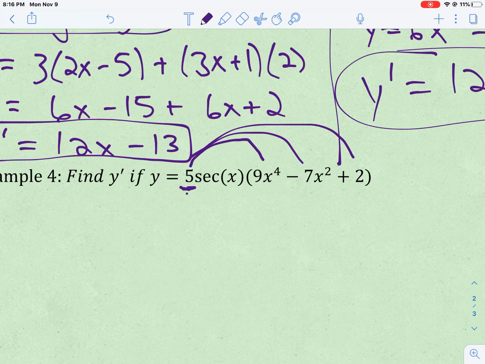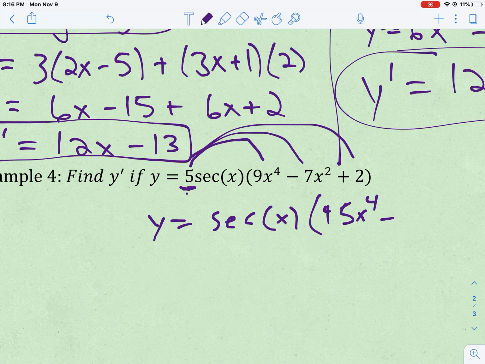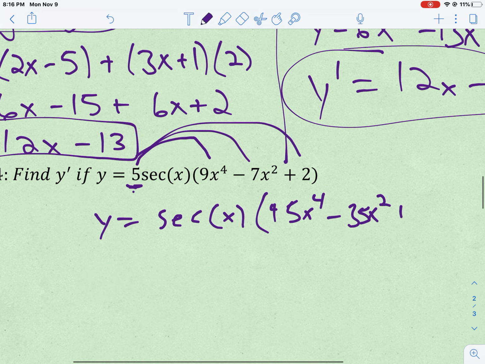I'm not going to distribute the secant of x because you have to do the product rule a couple times in that case, which we're not going to do. So y equals the secant of x times 45x to the 4th minus 35x squared plus 10. Okay?